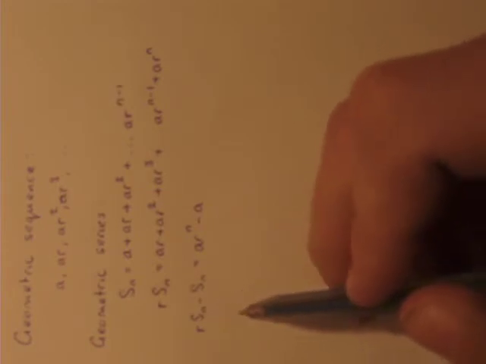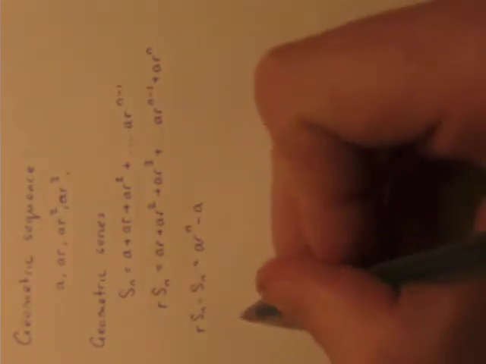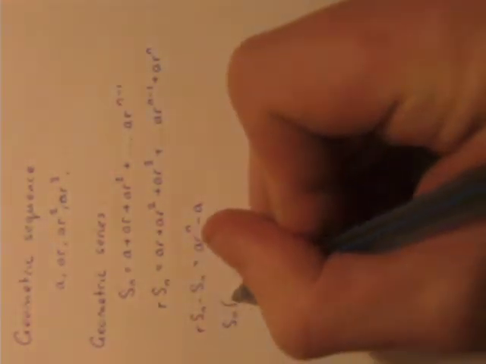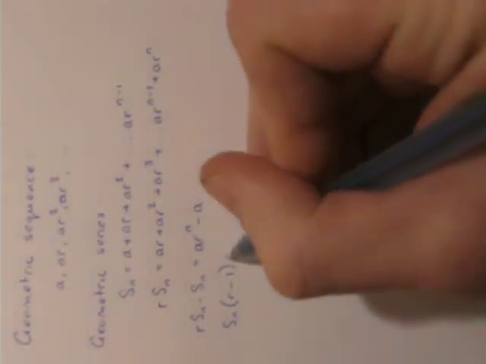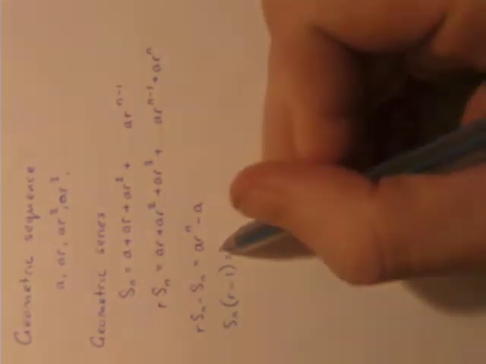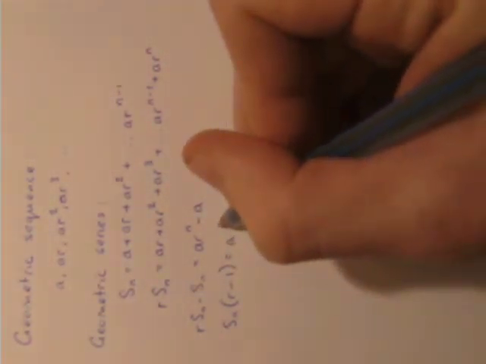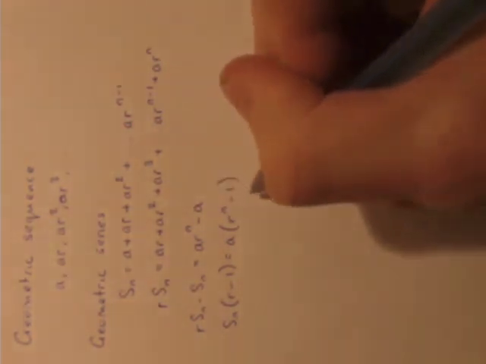but to get Sn on its own, let's take out a common factor of Sn and write it as Sn times r minus 1 is equal to, and then on the right again take out a common factor of a times r to the n minus 1.